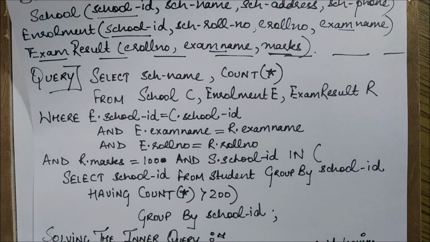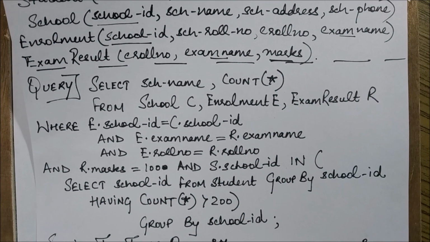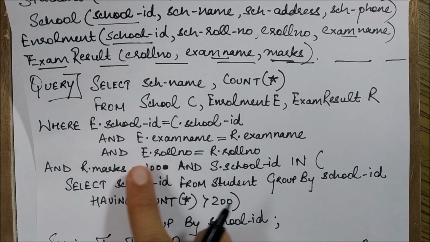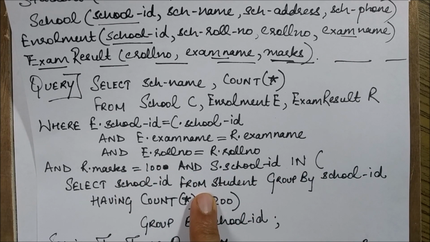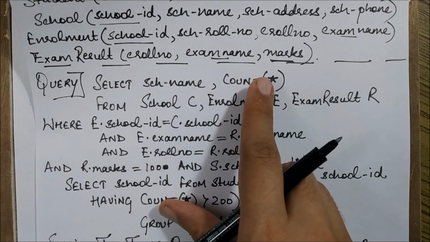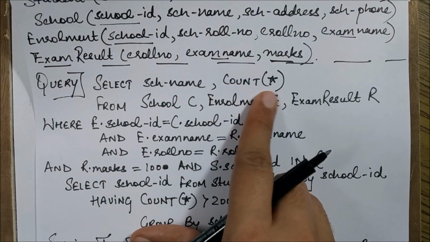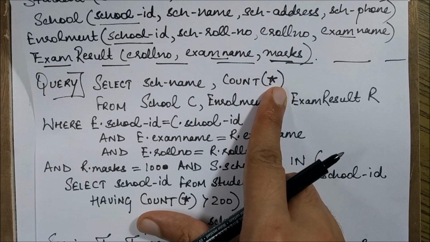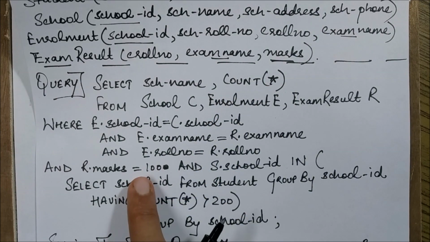Is this clear? Again, I'm going to repeat. For every school where the number of students is more than 200, we are going to print the school name and the number of tuples or records in them which have marks equal to 100.